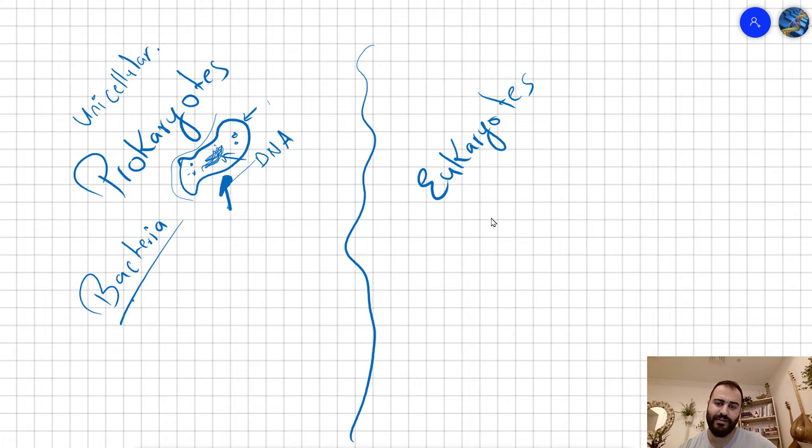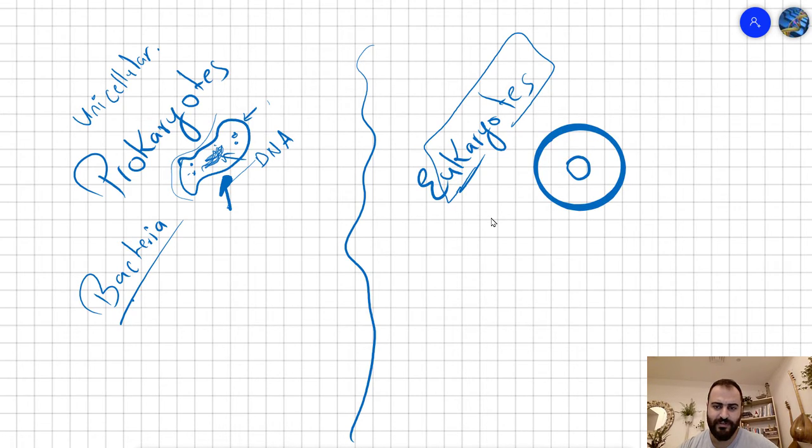On the other hand, eukaryotes or eukaryotic cells are cells that contain a nucleus and other organelles. We call them membrane-bound organelles, such as mitochondria, endoplasmic reticulum, Golgi apparatus, vesicles, and so on.